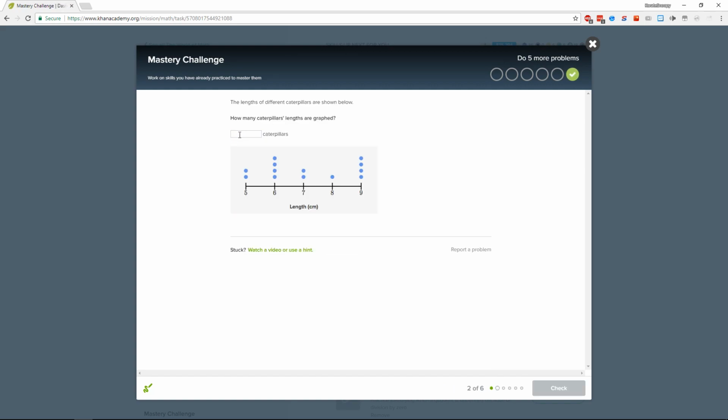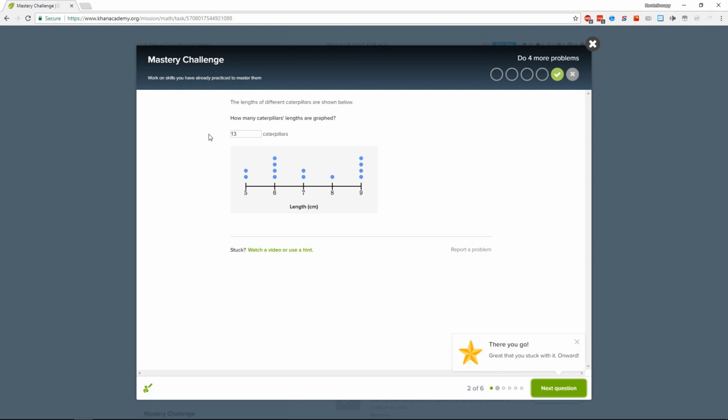The lengths of the caterpillars are shown. How many caterpillar lengths are graphed? 4, 6, 7, 11. What? Oh, does it just mean how many lengths are graphed? Which is like 5, 6, 7, 8, 9, 13.